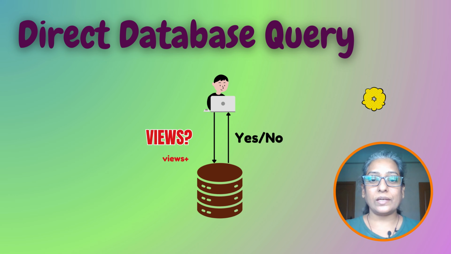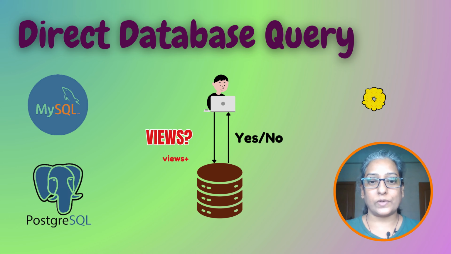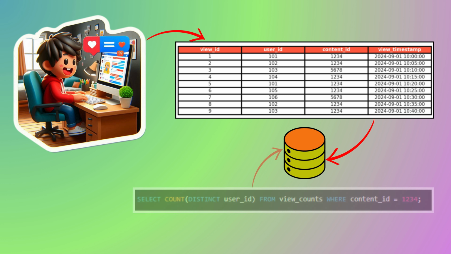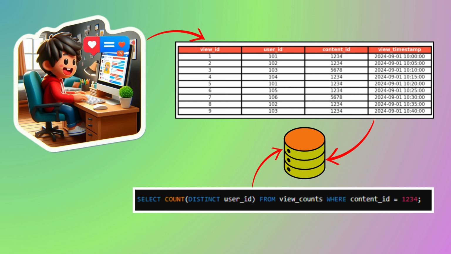The simplest and most straightforward way to track unique views is by using a relational database like MySQL or PostgreSQL. For each unique view, you could insert a record into a table and use a count distinct user ID query to count the number of unique views. This approach is easy to use for small data sets.